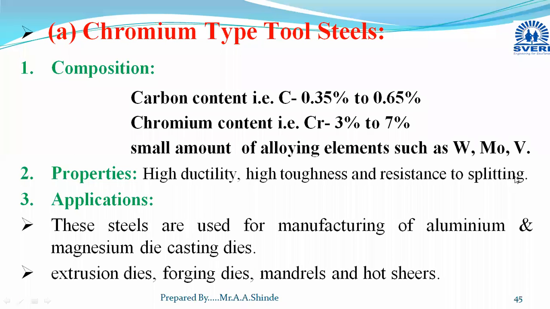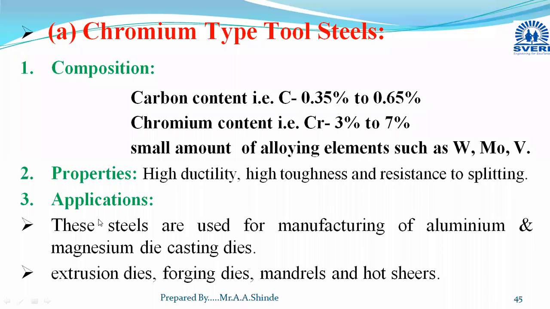Due to application of load, material may get removed, and resistance provided to this will be termed as resistance to tearing or resistance to splitting. So these are some properties of this chromium type tool steel. Chromium type tool steels have high ductility, high toughness, and very good resistance to splitting.